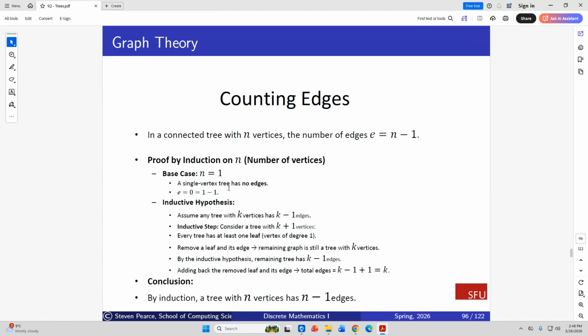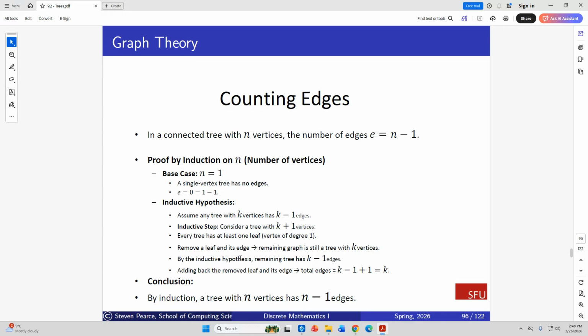A single vertex tree has no edges. Inductive hypothesis: assume any tree with k vertices has k-1 edges. That's what we're assuming here. Inductive step: consider a tree with k plus 1 vertices. Now, k vertices to k plus 1. Every tree has at least one leaf, a vertex of degree 1.